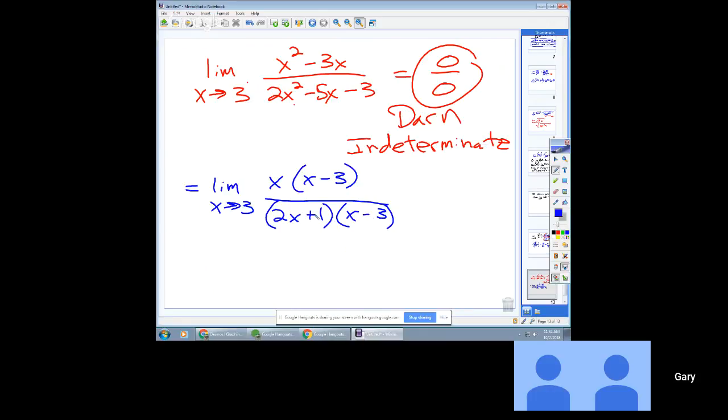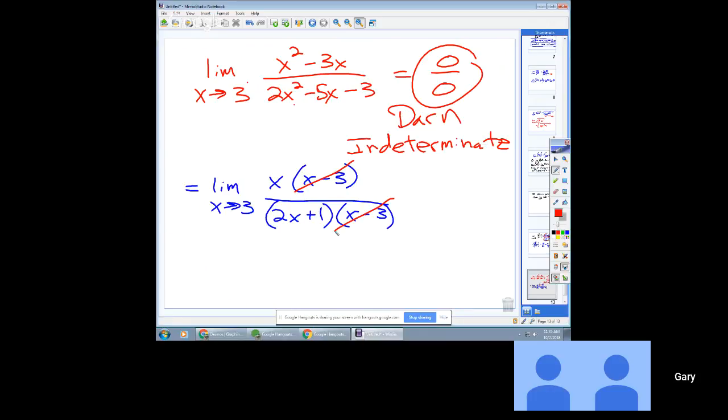Pretty sure those are the factors of the numerator and denominator. Yep, that checks. The nice thing about this version of 0 over 0 is I can clean it up because they have a common factor top and bottom. The number divided by itself is 1.